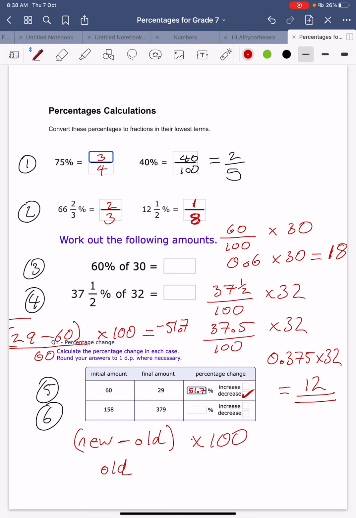And then the last question on this page is question 6. So again, just the formula, it's new, subtract old, that gives you how much the change is. We need that as a percentage of what it used to be.